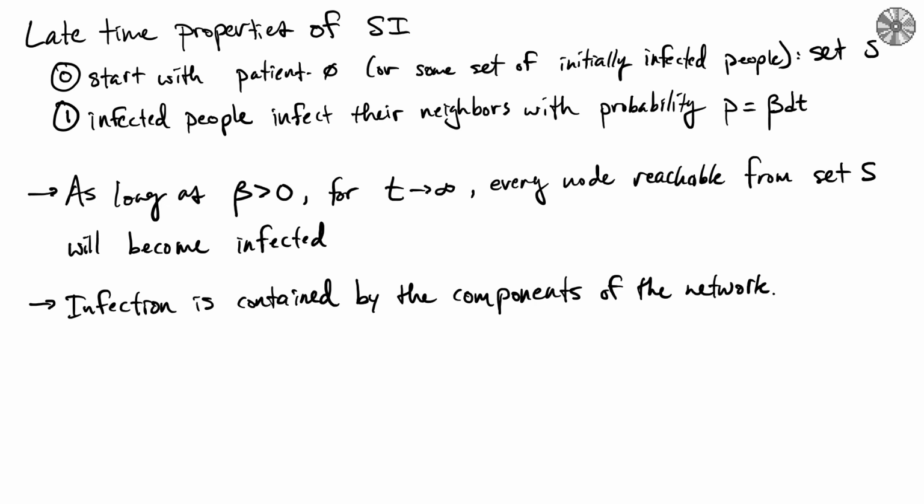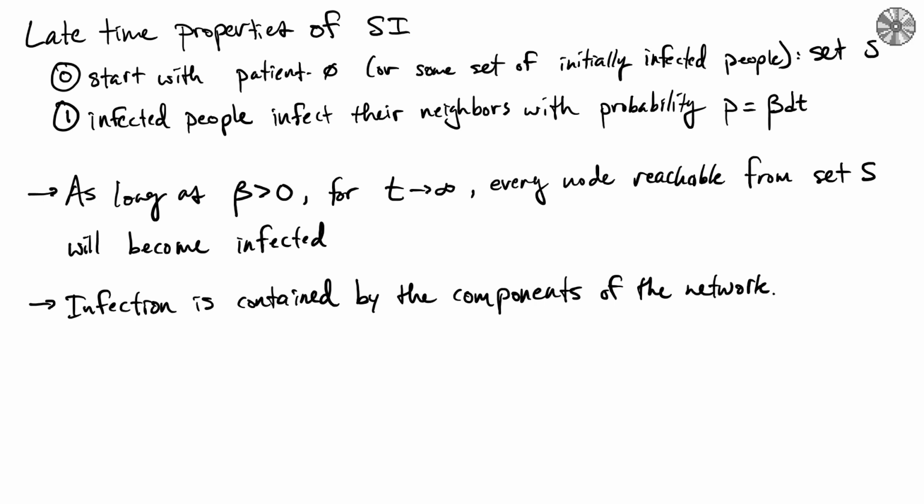By late time, we mean that we let t go off to infinity and we let the whole disease play out, and then we understand the properties of the spread of that disease. Again, that doesn't give us information about the transient behavior, about how it evolves over time, but it tells us where we end, which at least will tell us something about the epidemic nature of an infection.